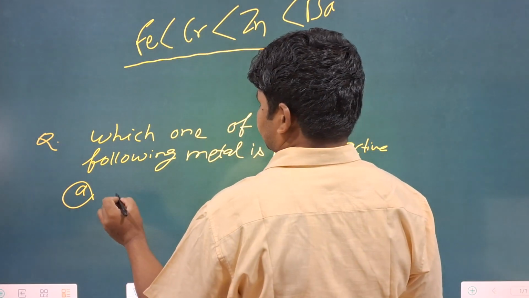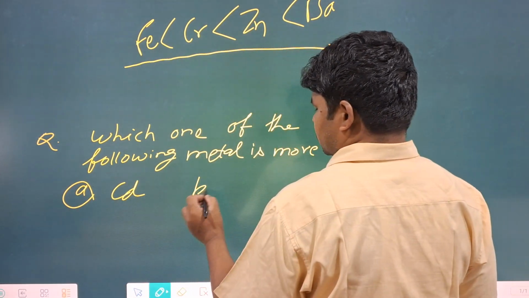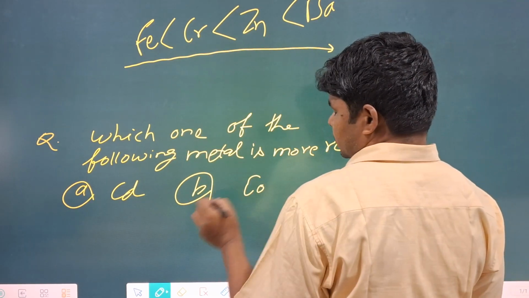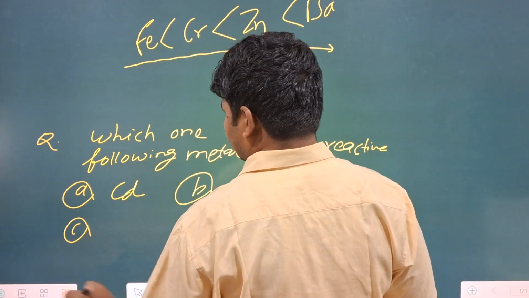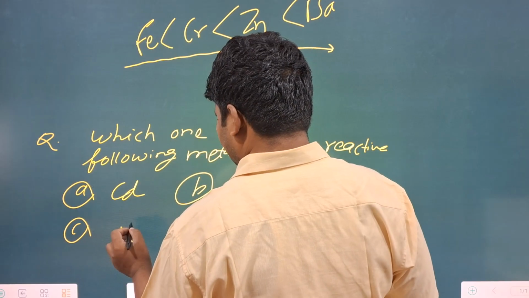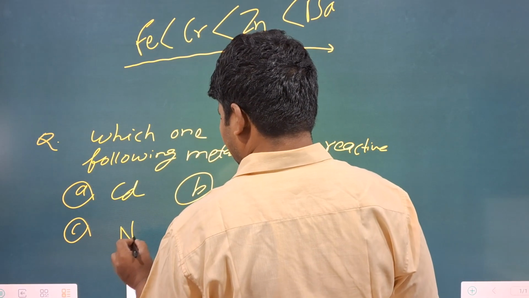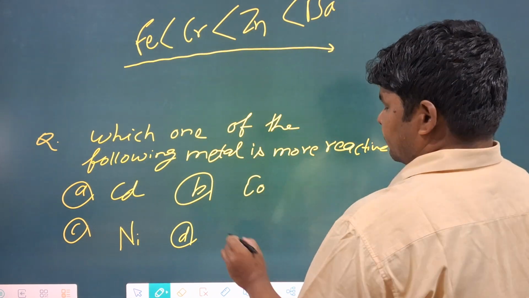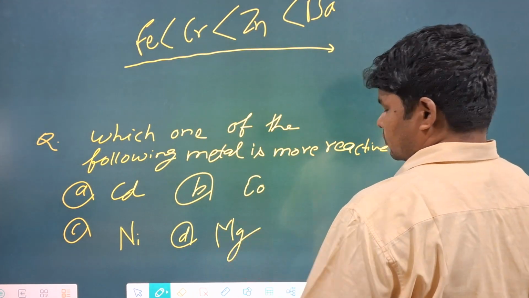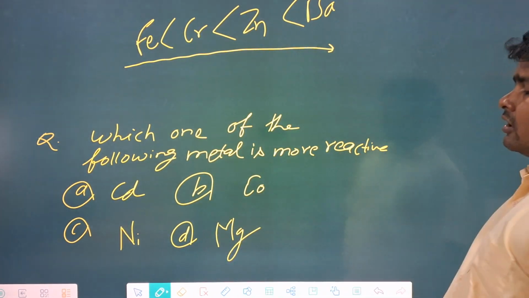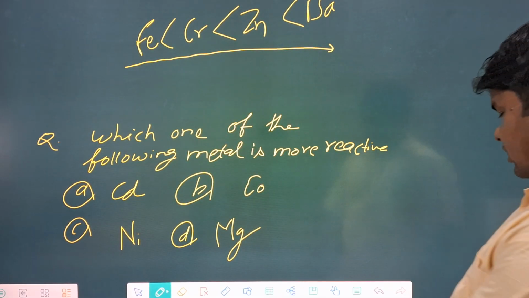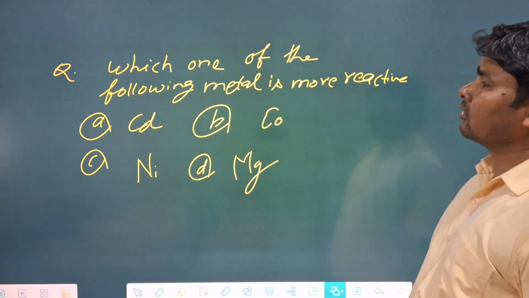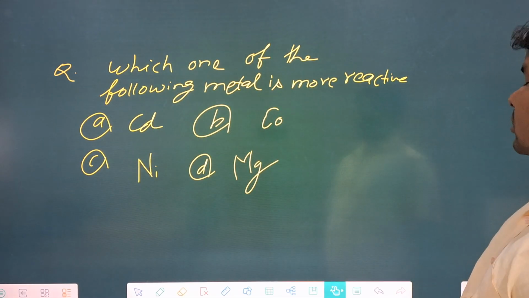Option A, cadmium; option B, cobalt; option C, nickel; and option D, magnesium. Identify the following metals. Which one of the following metals is more reactive?